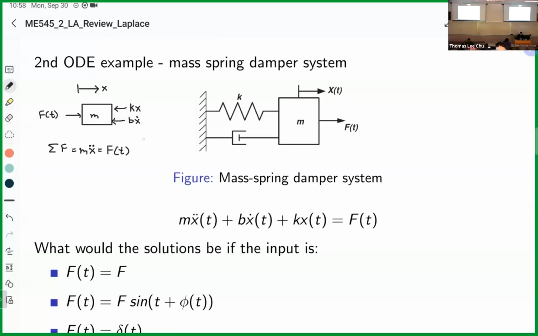And then our spring, which is going left, so it's negative, minus kx, minus our damper force, which is minus b x dot. So then if we were to separate everything by the variables, x is on the left side, input on the right side, we get m x double dot plus b x dot plus kx is equal to f of t.